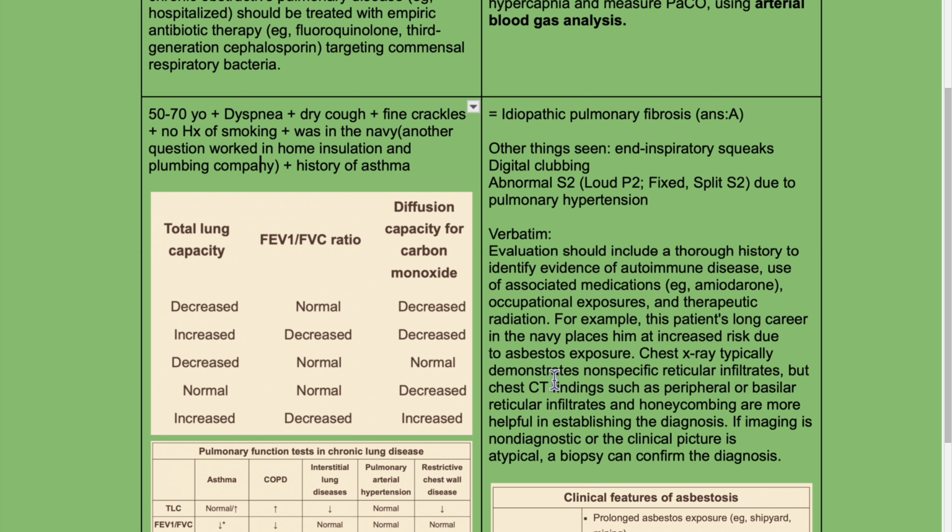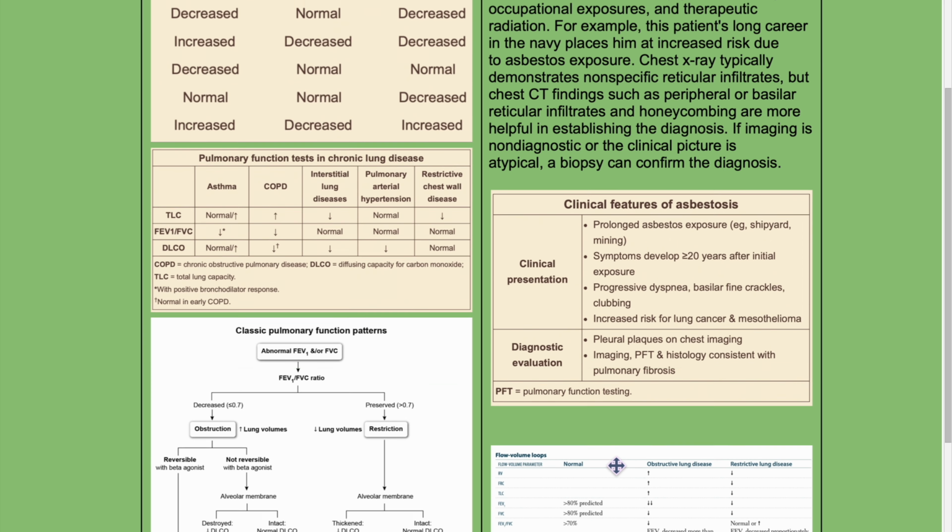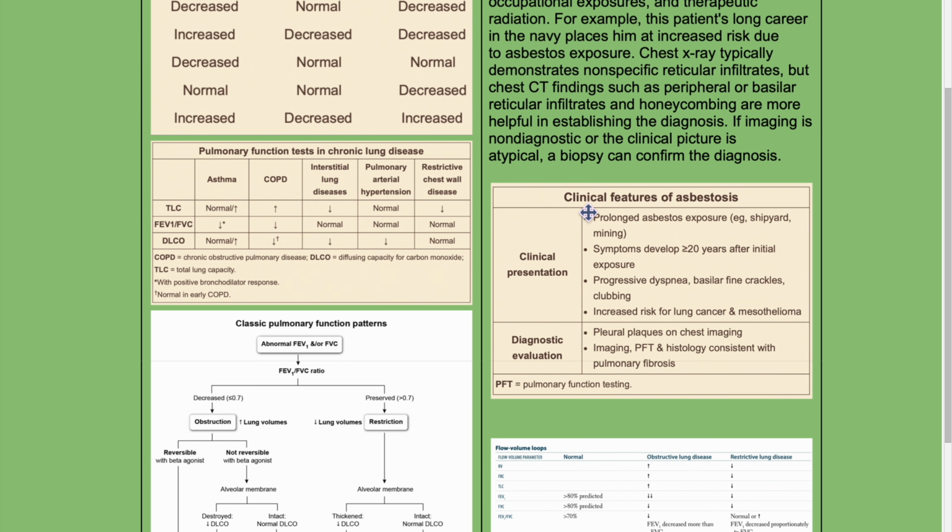Chest X-ray typically demonstrates non-specific reticular infiltrates, but chest CT findings such as peripheral or basilar reticular infiltrates and honeycombing are more helpful in establishing the diagnosis. If imaging is non-diagnostic or the clinical picture is atypical, a biopsy can confirm the diagnosis. Clinical features of asbestosis are prolonged asbestos exposure, shipyard or mining.